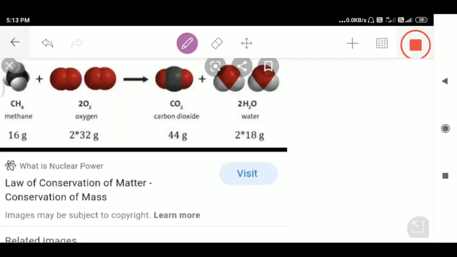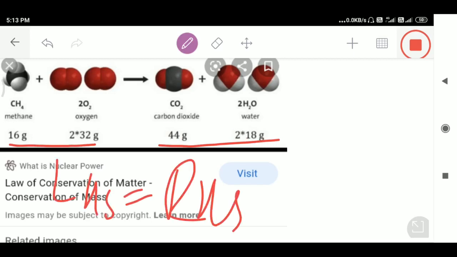Let's discuss one more example of this law of conservation of mass. I told you that the mass of the reactants should equal the mass of the products, that is, LHS should equal RHS, left hand side should equal right hand side. Here methane reacts with oxygen. Methane is CH4.